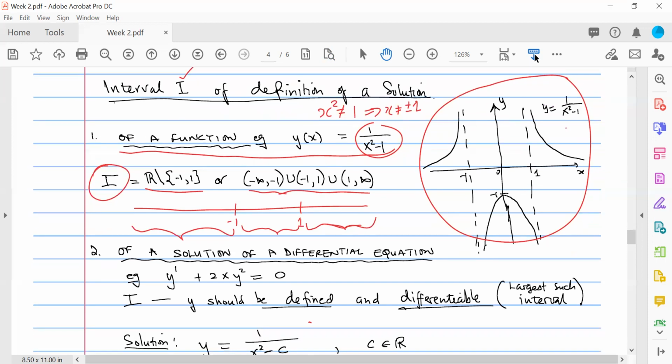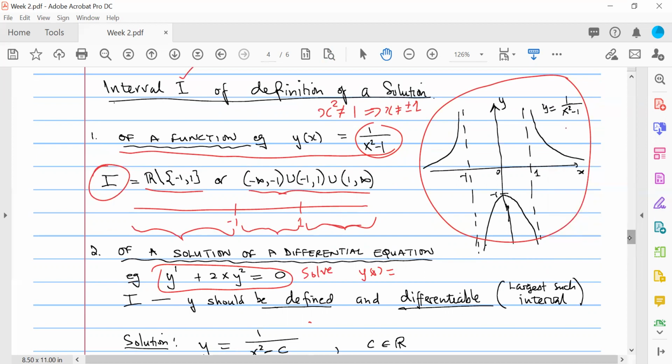Now let's look at the interval I of definition of a solution of a differential equation. So now we have this differential equation, and the question is to solve this differential equation and find a solution. The solution also will be y of x equal to something.